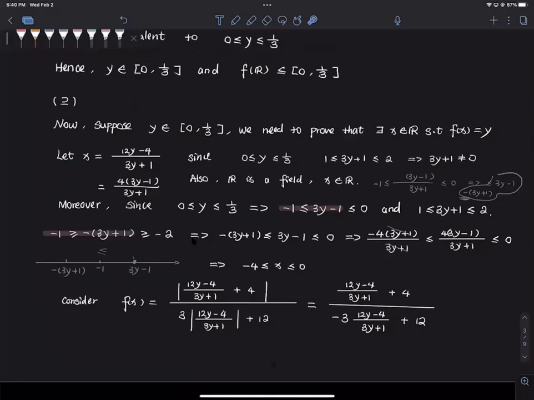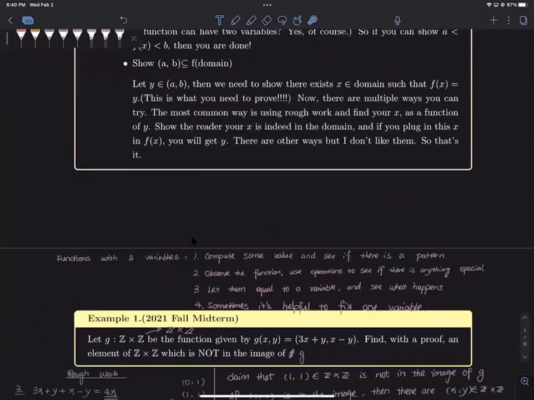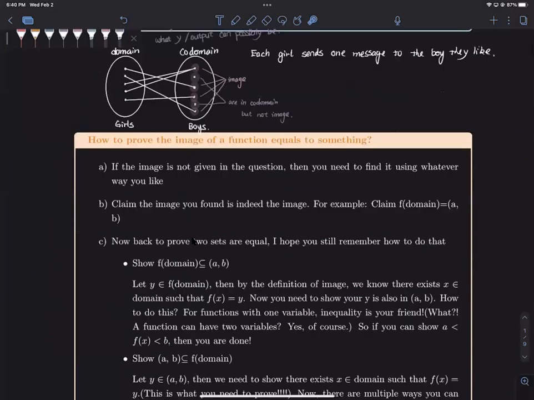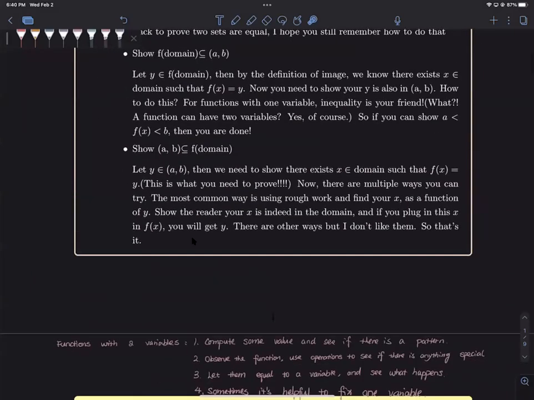So it's for all Y. You're trying to show that for all Y in whatever you found, there exists X in the domain such that f of x equals Y. As long as you found X in the domain satisfying this condition, you're done, because that is the definition of image.